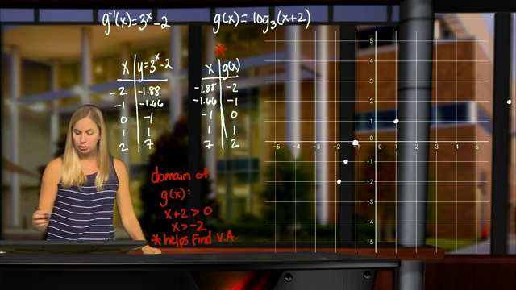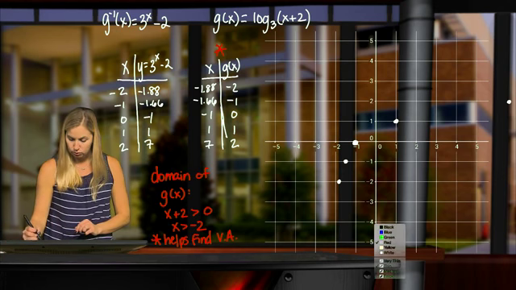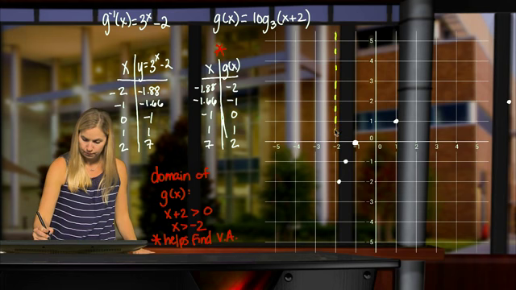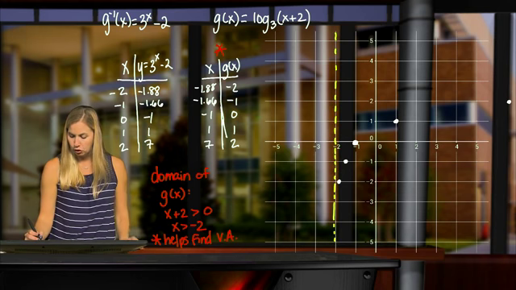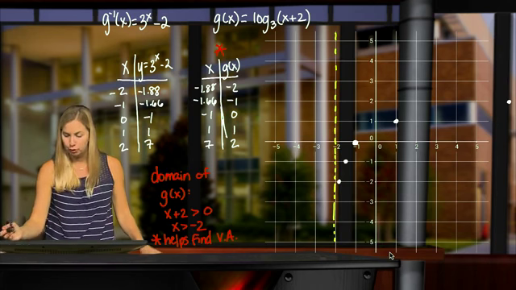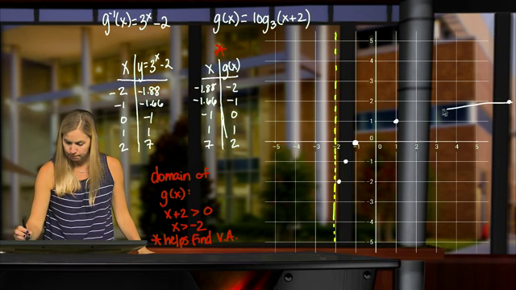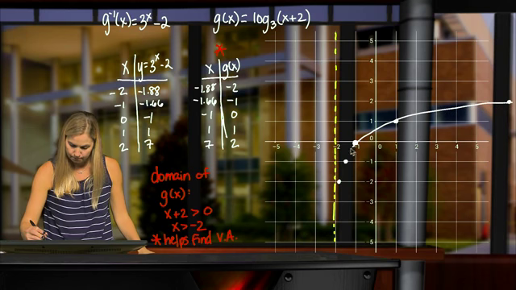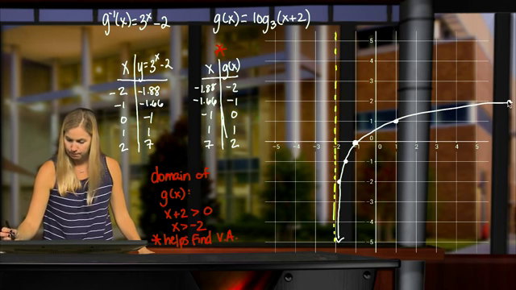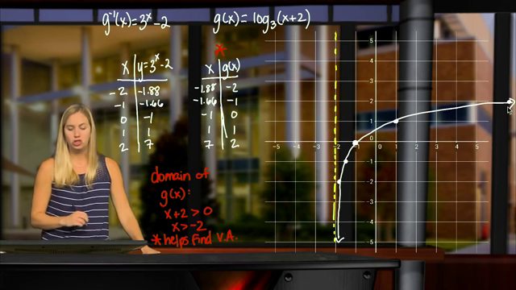Our vertical asymptote is going to be at negative 2. By placing that vertical asymptote, we can make sure that when we connect the points we don't cross over it. So there's the graph of g of x.